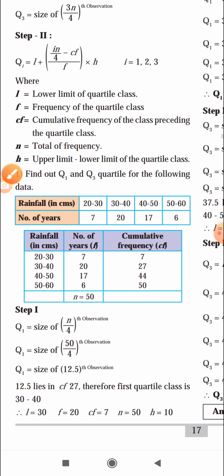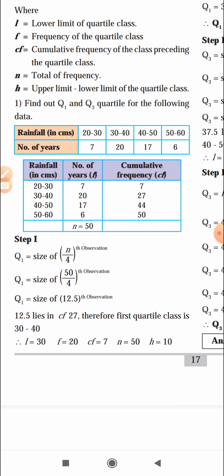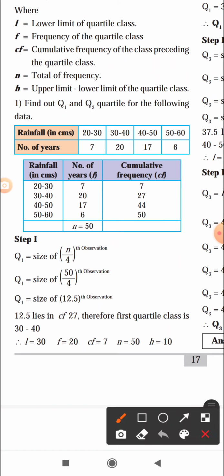Next, calculate the quartile class. To determine the quartile class, first we need to find the value of quartile. The formula for calculating the value of quartile in case of Q1 is equal to size of n upon 4th observation.